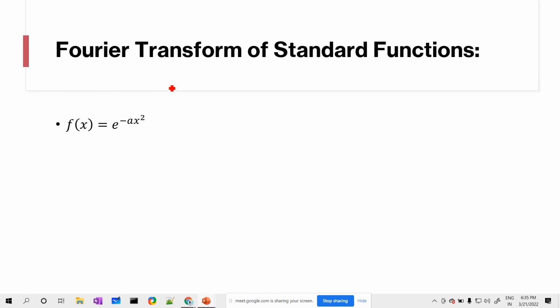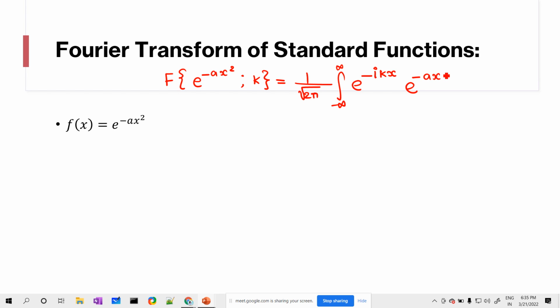So what I know is that the Fourier of e raised to minus ax square, converted to the variable k, is given by the formula 1 by root 2 pi, integrating minus infinity to infinity, e raised to minus ikx, then the function e raised to minus ax square, dx, right?